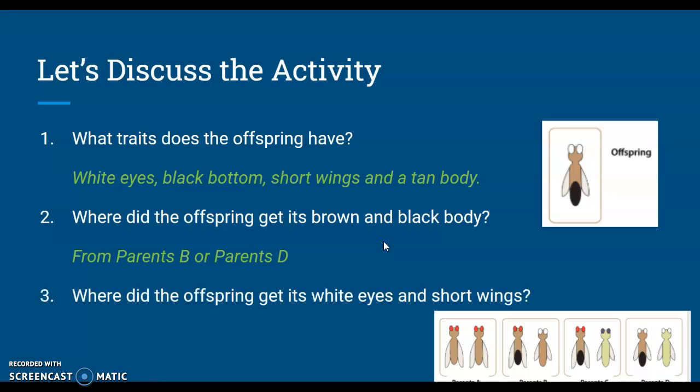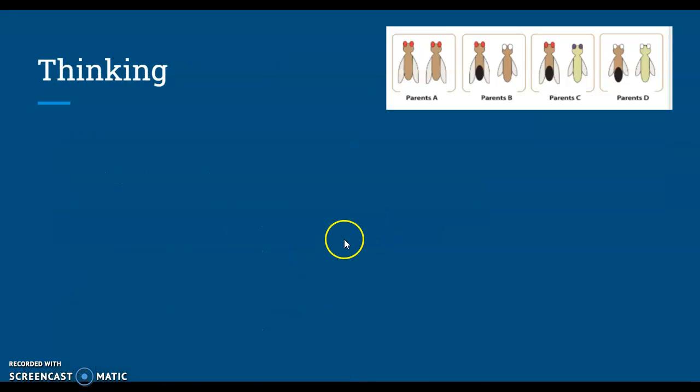And then where do you think that the offspring gets its white eyes and short wings? So again, you're going to want to go through the sets of parents. Which ones have those traits, that they would have white eyes and short wings? And I kind of walked you through that in the last question. Again, we're looking at parent sets B or D. We don't have anything definitive saying one way or the other at this point.